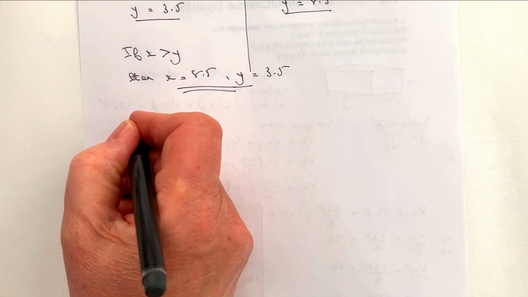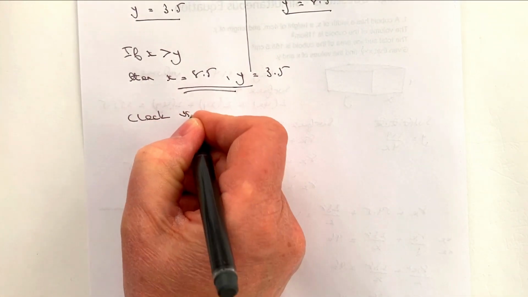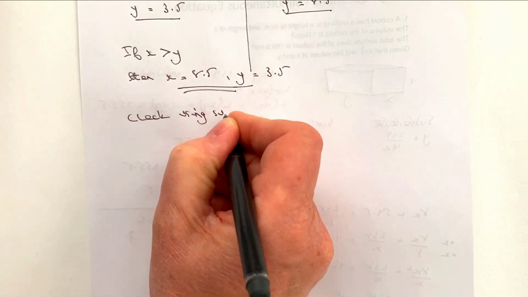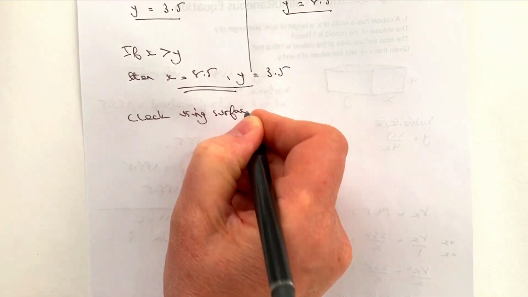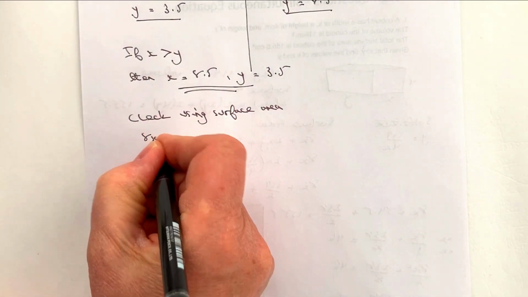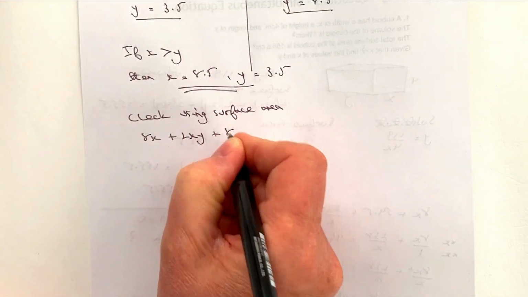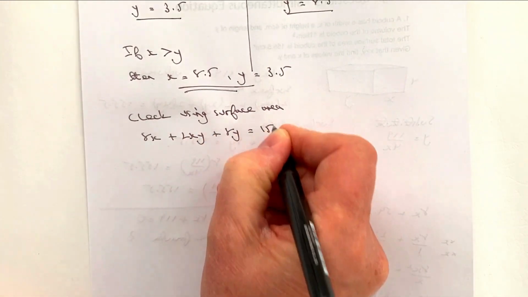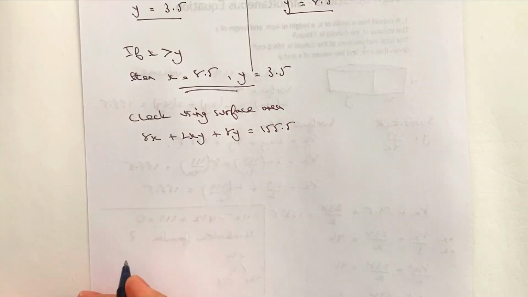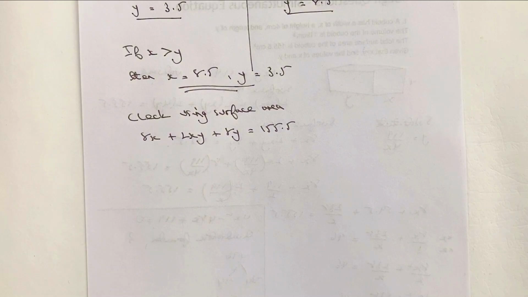The way to do that is to use surface area. The surface area formula, if you remember, and I'm not going to turn the sheet over, I'll just write it for you as 8x plus 2xy plus 8y, all equal to 155.5. So we take these values of x and y and make sure that they do equal 155.5.